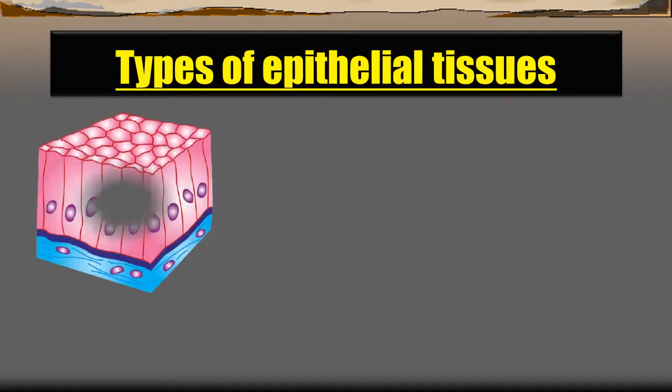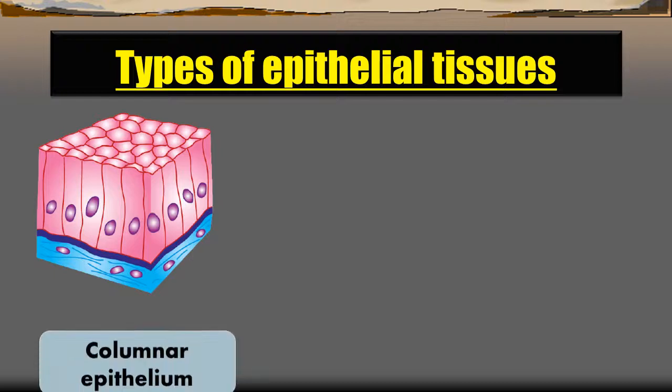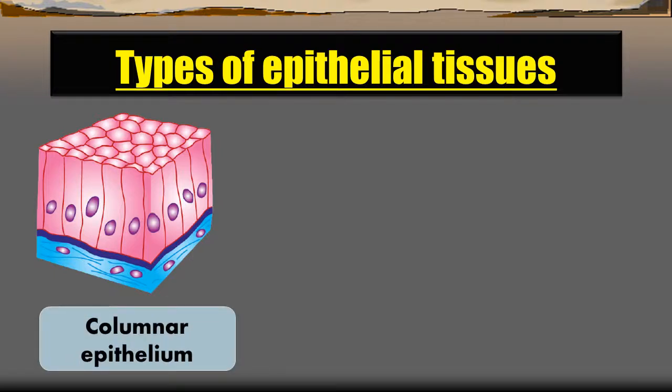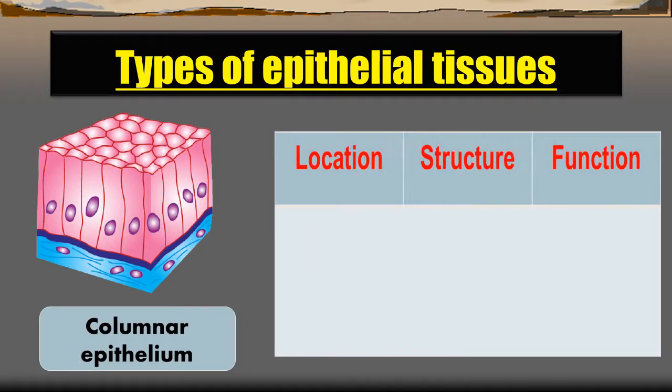The fourth type is columnar epithelium. This is the structure of this tissue. Its location is the inner surface of the intestine and alimentary canal. The alimentary canal is the passage of food, the complete journey of food from mouth till anus.